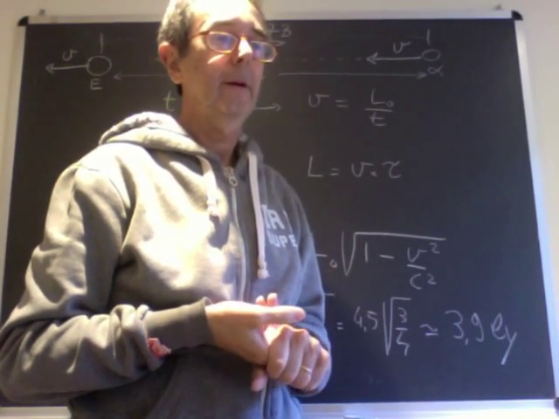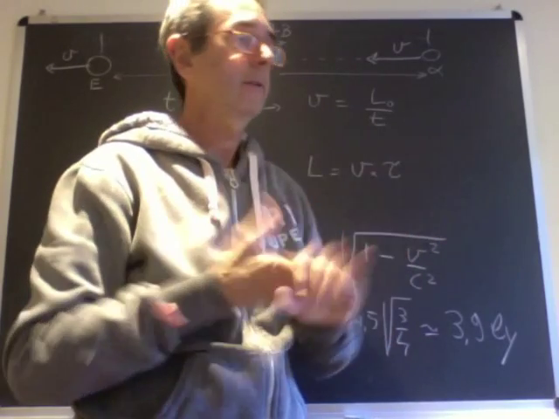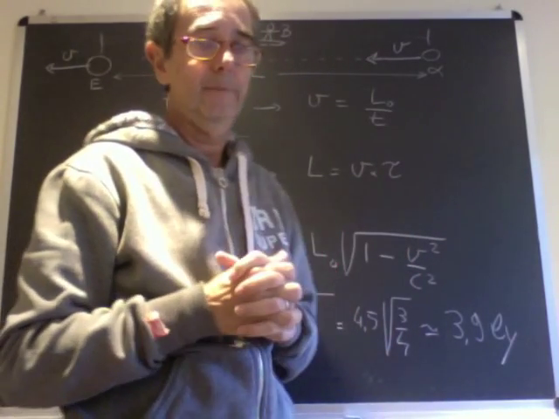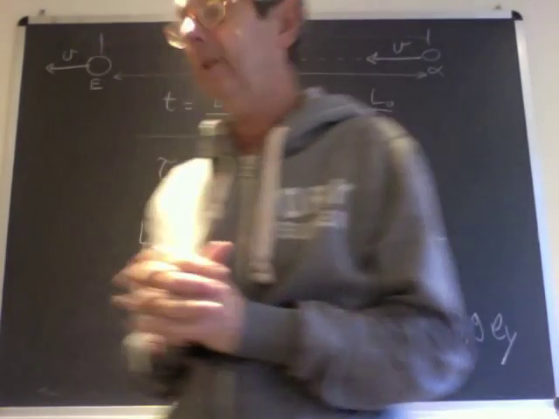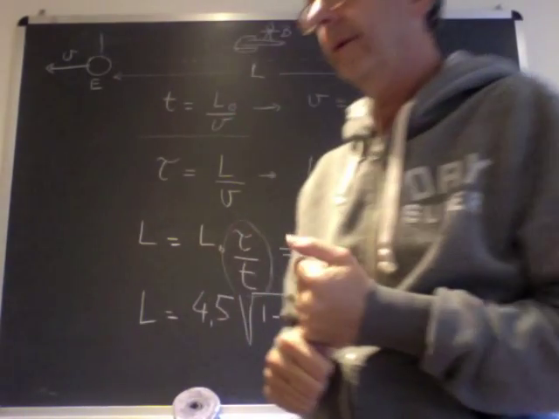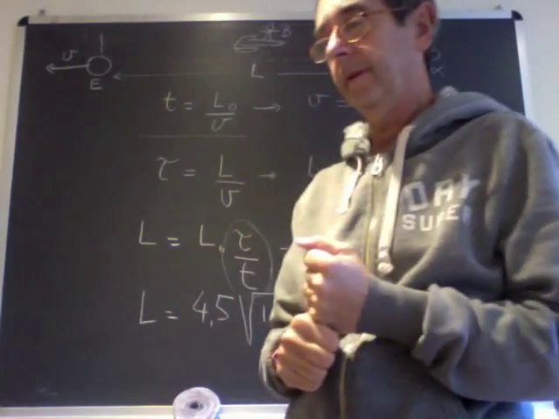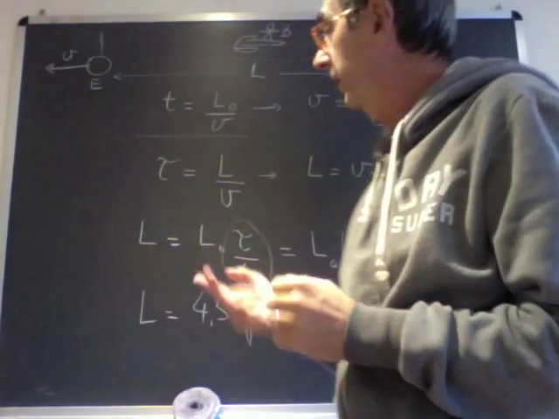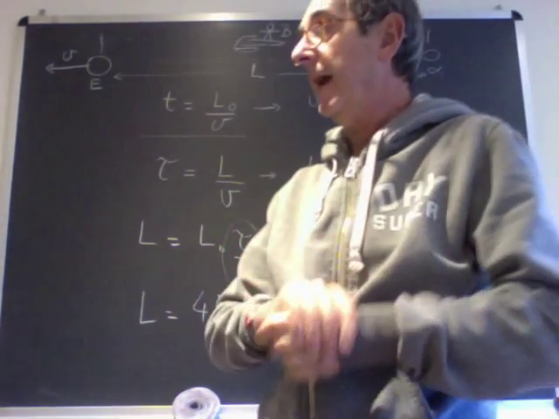So now we have seen two fundamental consequences or results coming from the theory of special relativity: the first one, the time dilation, and the second one, the length contraction.